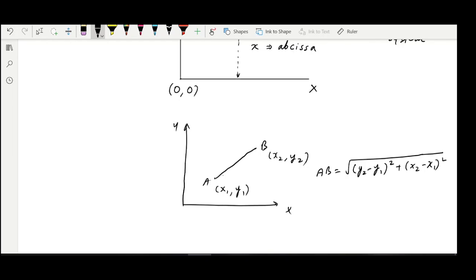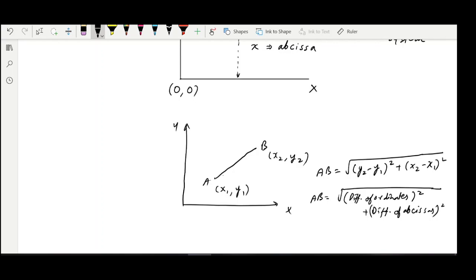So it's basically the square root of the difference of ordinates squared plus the difference of abscissas squared. So this is the distance formula.